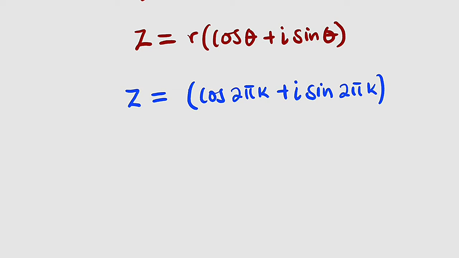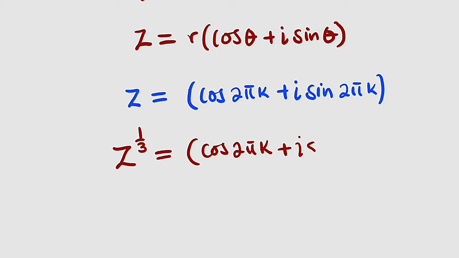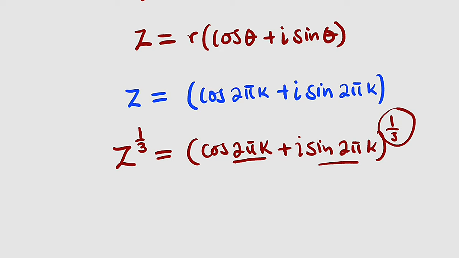But remember, we are looking for the cube root, which is to the power of 1 over 3. Therefore, z to the power of 1 over 3 is cosine of 2 pi k plus i sine of 2 pi k, all to the power of 1 over 3. According to De Moivre's theorem, this power can multiply the argument.